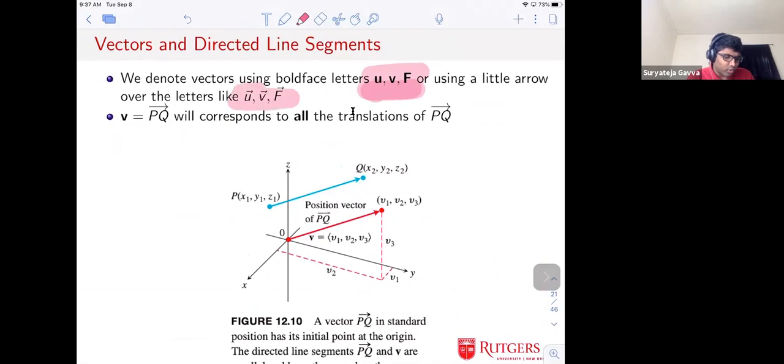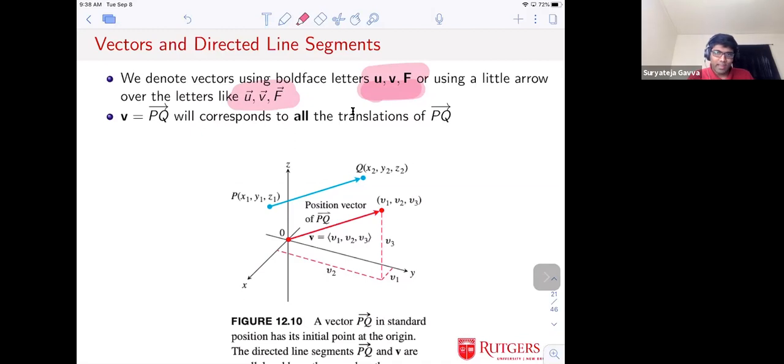But if you have to denote vectors by hand, you put an arrow on top of the U, V, F. You can do both: when you write by hand, you use a little arrow, and when you type, you use boldface. Both are the same notation. Some people might use one, some the other, so you should be used to it.